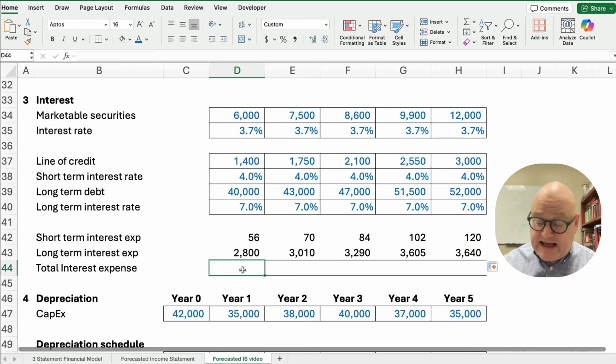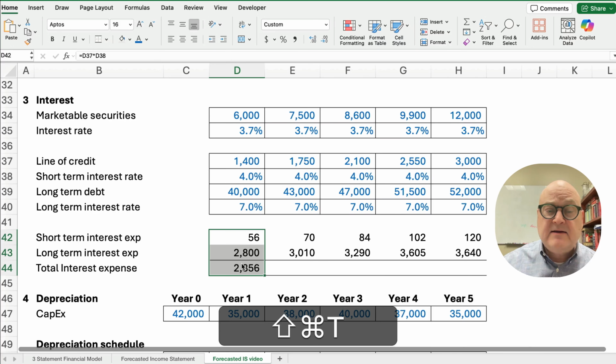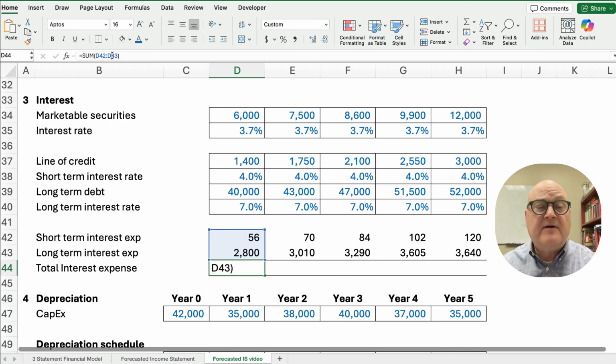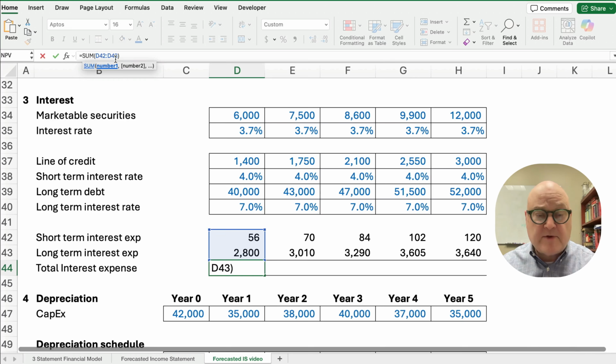And so I need to add this up. I'm going to take these two and sum. I can use the summation button here, or I can use a keyboard shortcut. The keyboard shortcut, Windows people, is Alt equals. I'm on a Mac, so this is Command-Shift-T, and that gives me the sum of those two numbers.